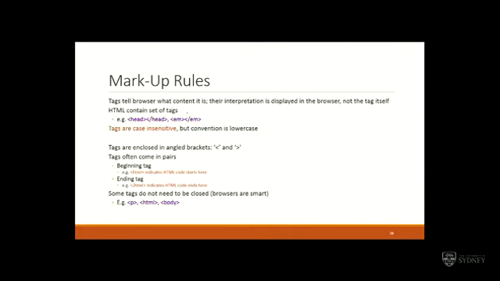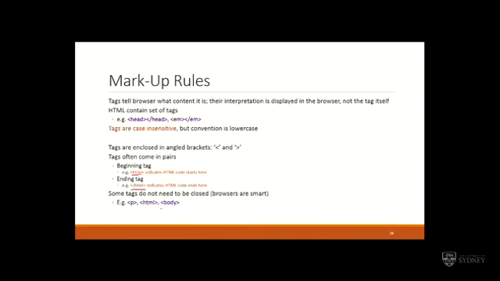So tags are covered in angle brackets. They usually come in pairs. When you open a tag, you will at some point later in the document have to close it. So for an opening HTML tag, we'll later in the document need a corresponding close HTML tag. Some tags, however, do not follow this rule. For example, a P tag doesn't need to be closed.